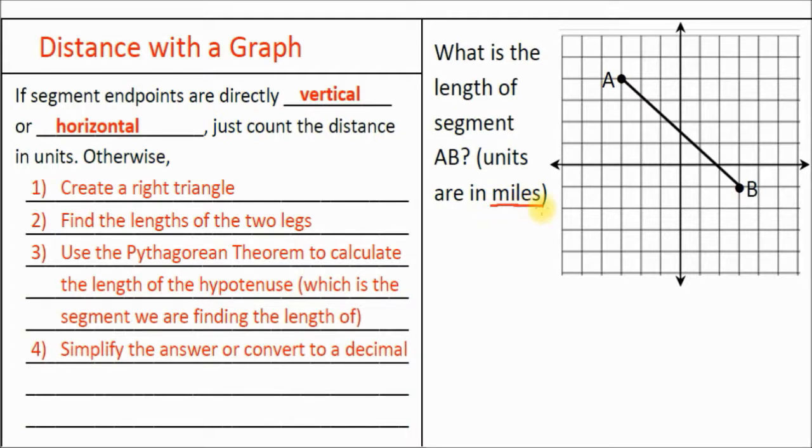That means once we figure out how many units there are between points A and B, we're going to convert that to miles. And again, just to clarify, when it says units are in miles, that means this side of this square is 1 mile. Likewise, this segment right here is 1 mile.